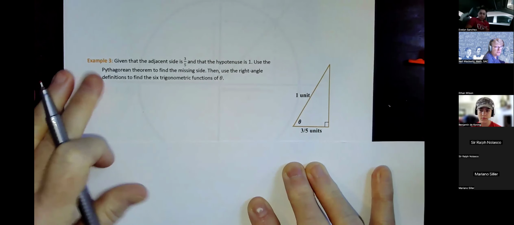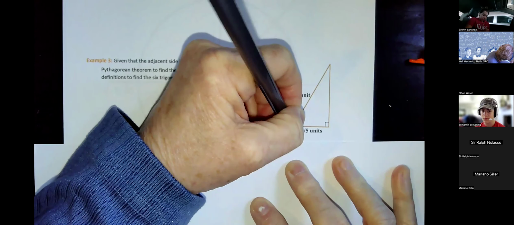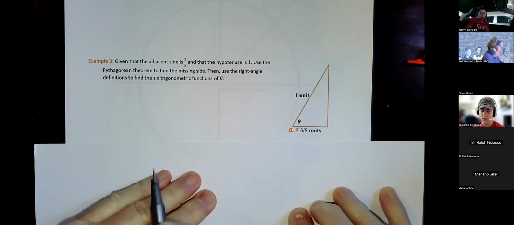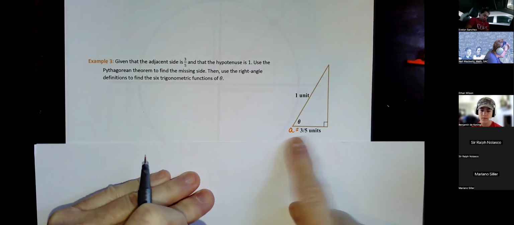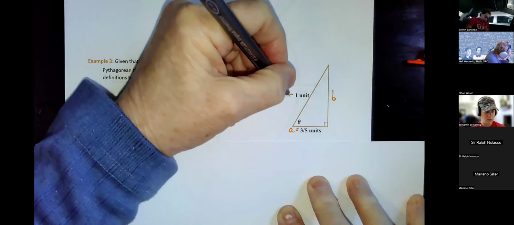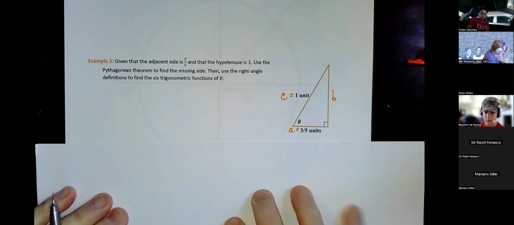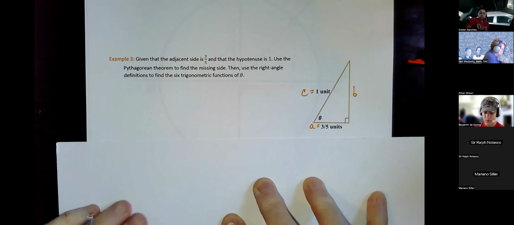So we're going to example 3, and I'm just going to label, because I'm boring, A is always going to be the horizontal part, B is the vertical, and C is the hypotenuse. And how can we find B?